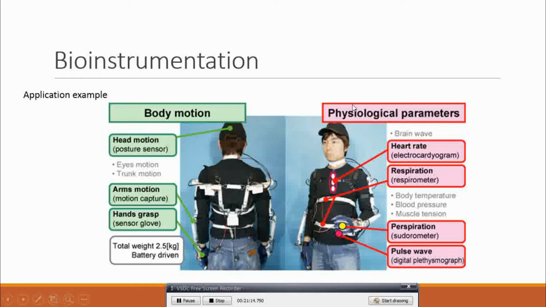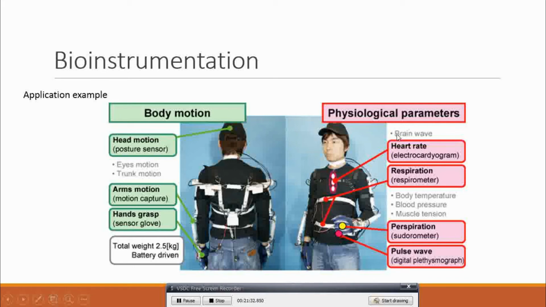So next is physiological parameters. For example, on the same machine, you add some more sensors, such as sensors which can detect the heart rate and respiration, so a respirometer.